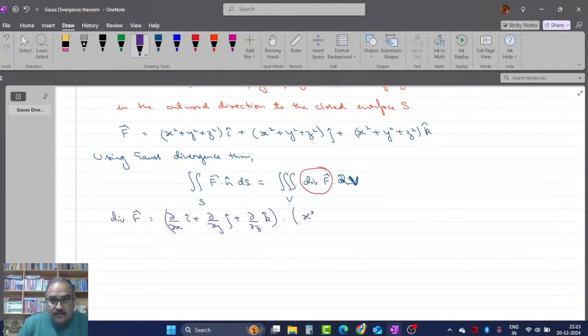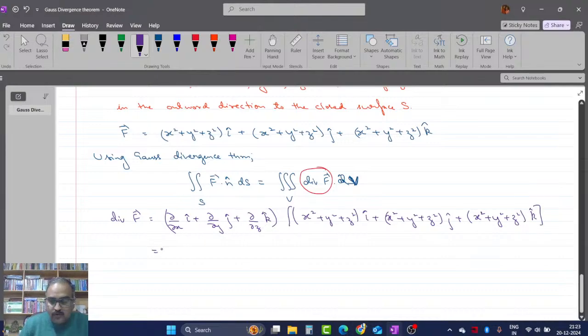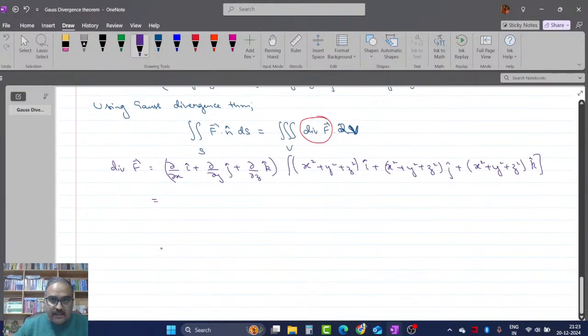dot x square plus y square plus z square i cap plus x square plus y square plus z square j cap plus x square plus y square plus z square k cap, and dot product between the two. So I know the values, that i dot i is 1, j dot j is 1, k dot k is 1.